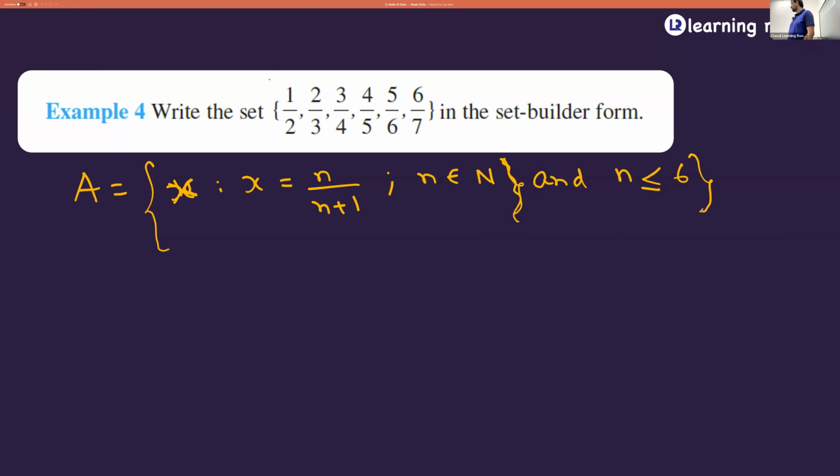It's not an infinite set. Or directly what you can do is, instead of writing n belongs to N, you can also write it as n is less than or equal to 6, greater than or equal to 1. That also makes sense.